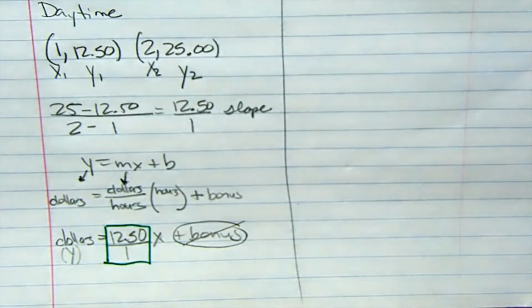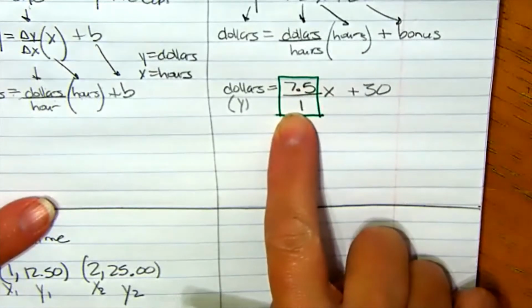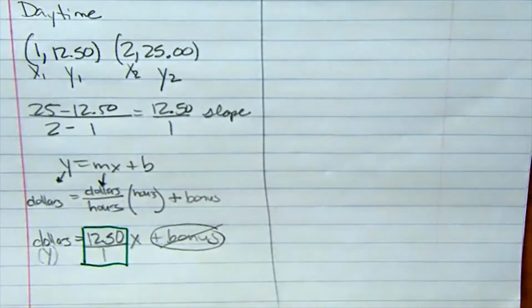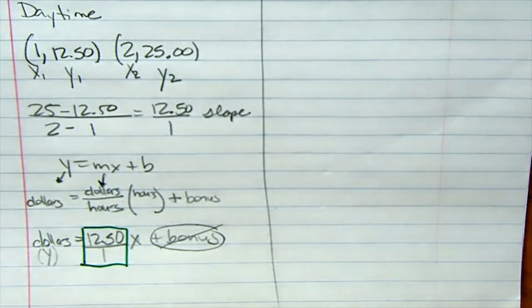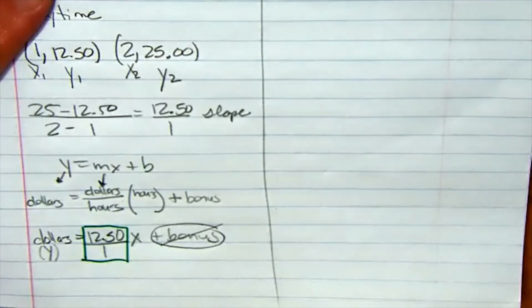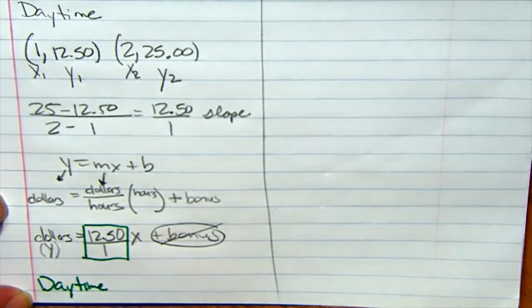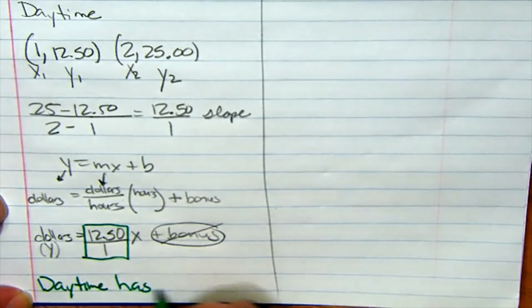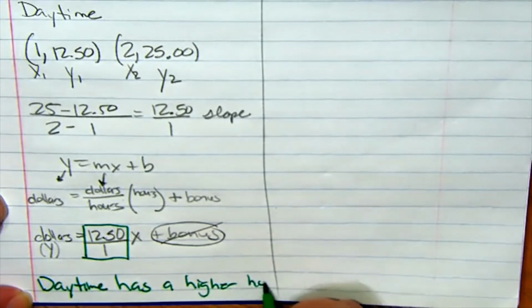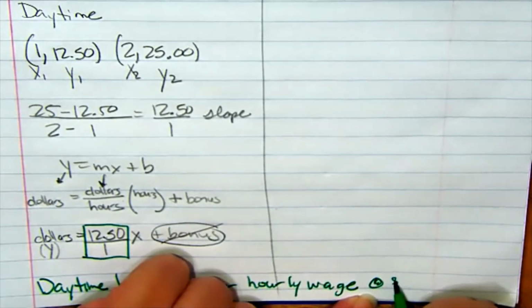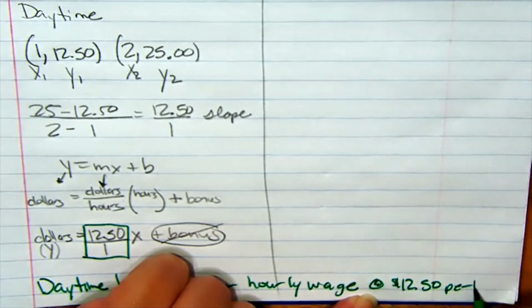So when we look at this, who has a higher hourly wage? $7.50 per hour or $12.50 per hour? When we look at the slopes, we can see the daytime has a higher hourly wage at $12.50 per hour.